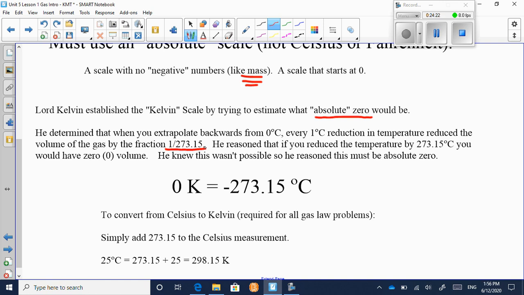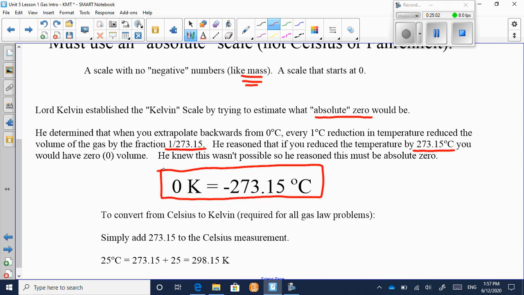He reasoned that if every degree drop reduces the volume by that much, then if you decrease it by 273.15, you technically would get down to 0 volume. And so he came up with the hypothesis that absolute zero must be minus 273.15 degrees Celsius. And from all of our measurements, he was very accurate.